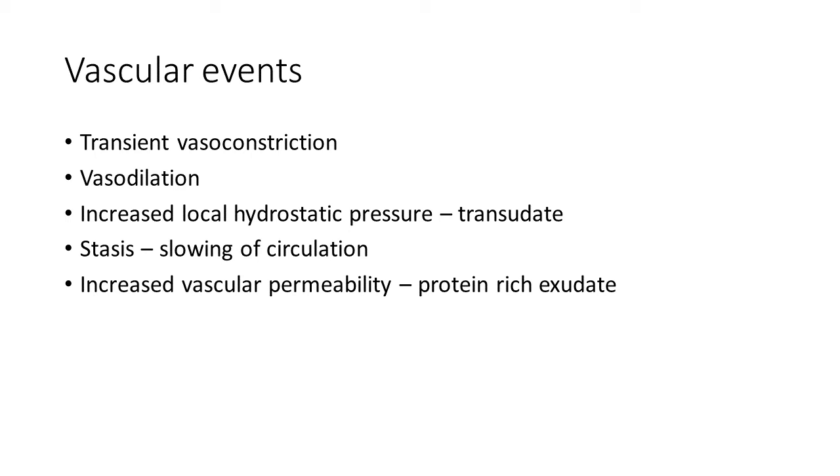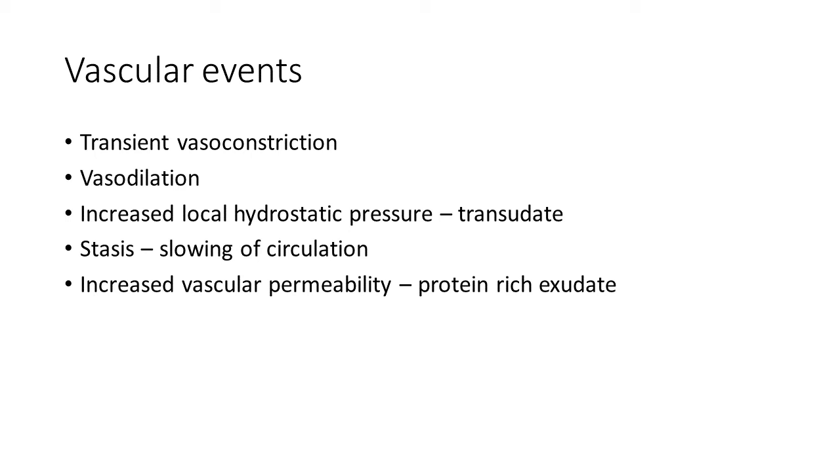The vessel wall or vascular wall in normal condition allows only certain things to cross. This permeability is altered in acute inflammation, and that is called altered vascular permeability.